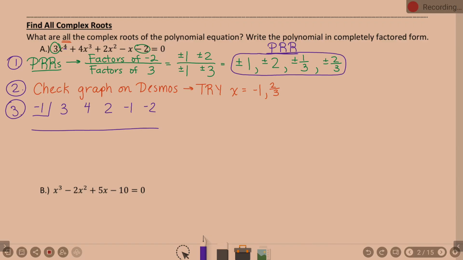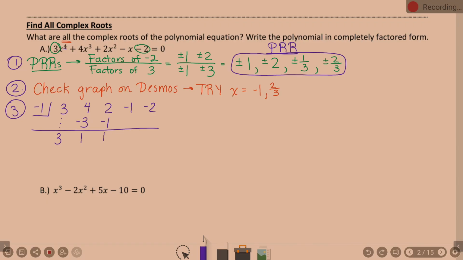I'm going to drop my 3. -1 times 3 is -3. Bounce it back up. And now I'm going to add. 4 plus -3 is 1. Multiply. -1 times 1 is -1. Add. 2 plus -1 is 1.